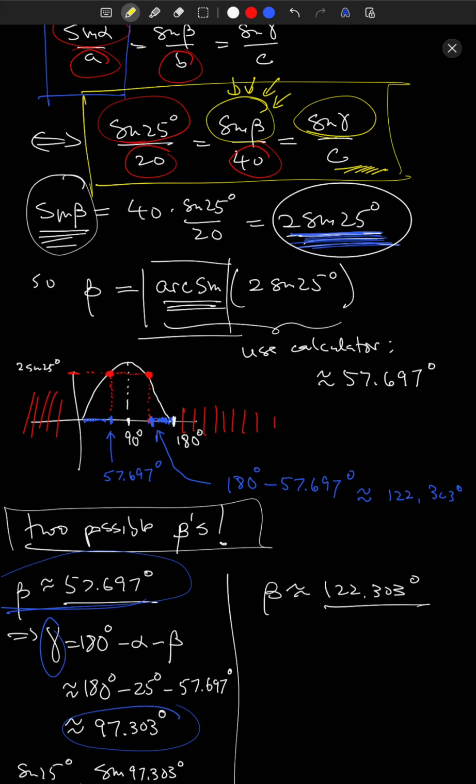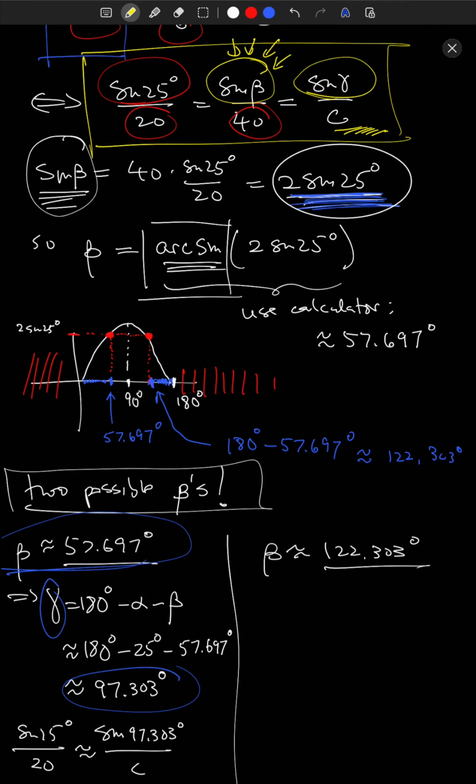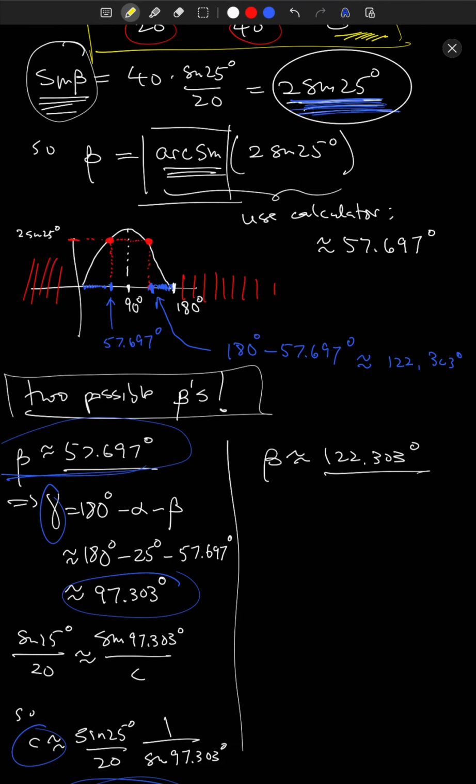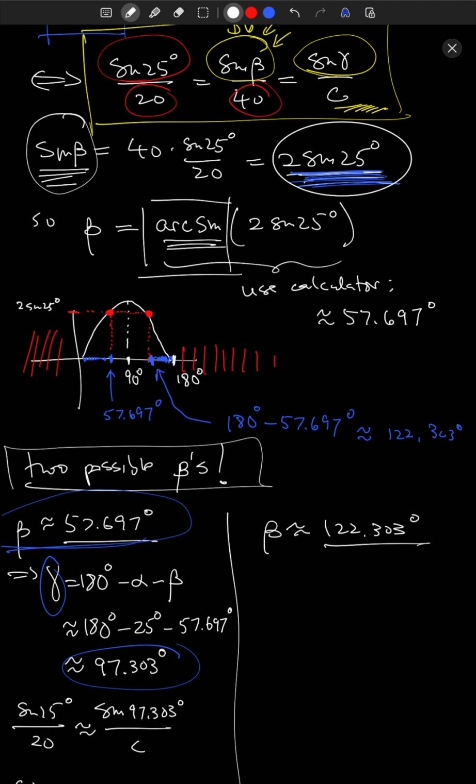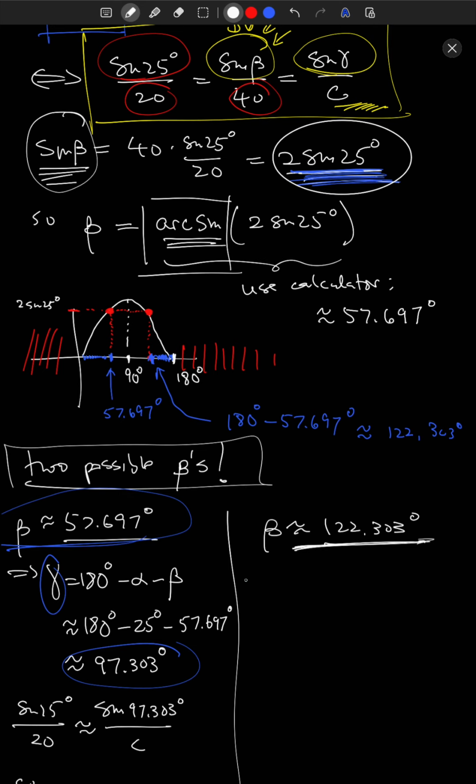All right? Okay, so for the other side of the board, the process is literally the same, because here we have beta is 122.303 instead of 57.697. But still, the process is the same, because at this point, if we have beta and we were given alpha, then we know gamma again.